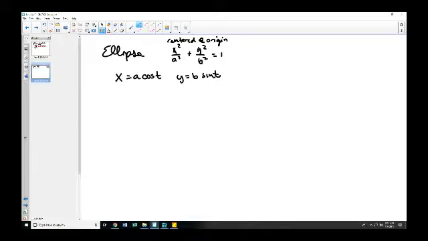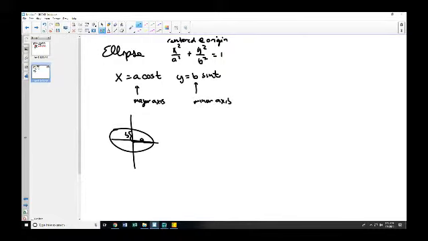Okay, a is the major axis. Do you remember all this stuff? Major, minor axis. Major axis a, minor b, depending on whichever's larger.